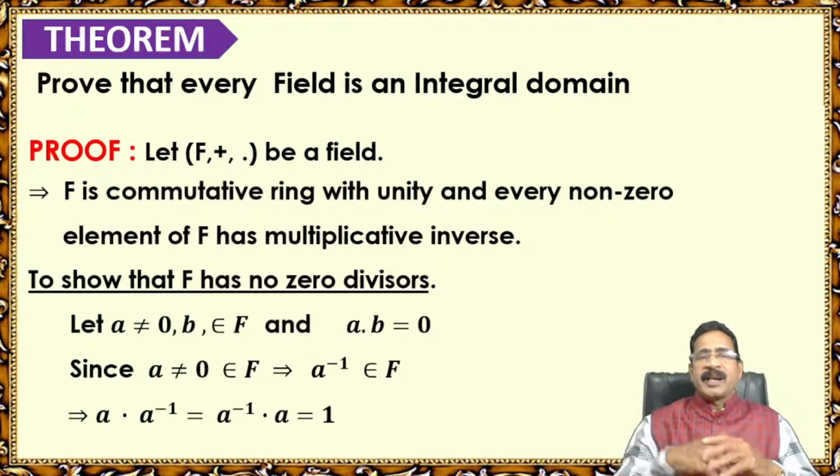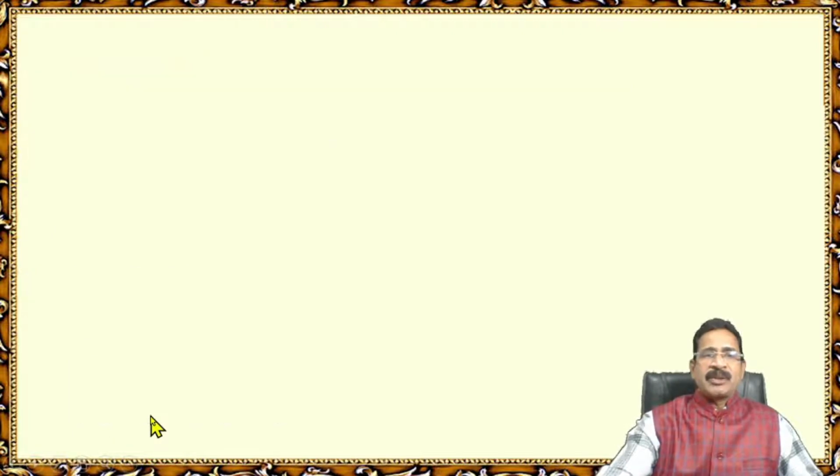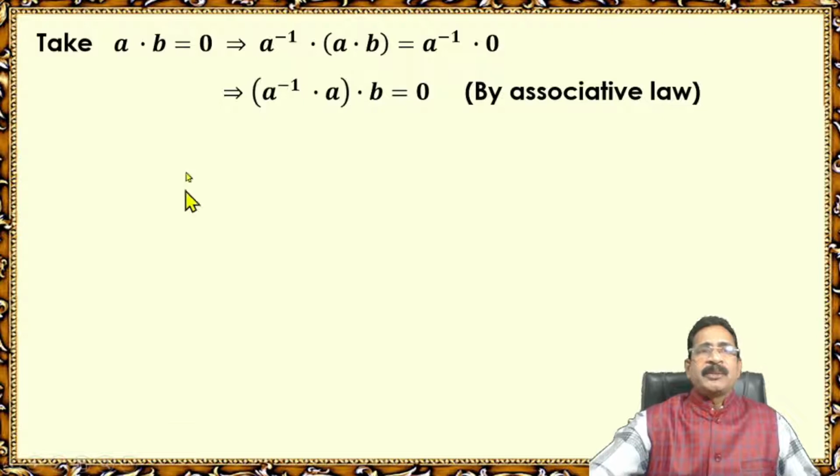For that, let a ≠ 0, take a, b two elements in F and ab = 0. The field has the property that every non-zero element has a multiplicative inverse. Therefore, a is a non-zero element, so a⁻¹ exists. What it means? a·a⁻¹ = a⁻¹·a = 1. So, take ab = 0.